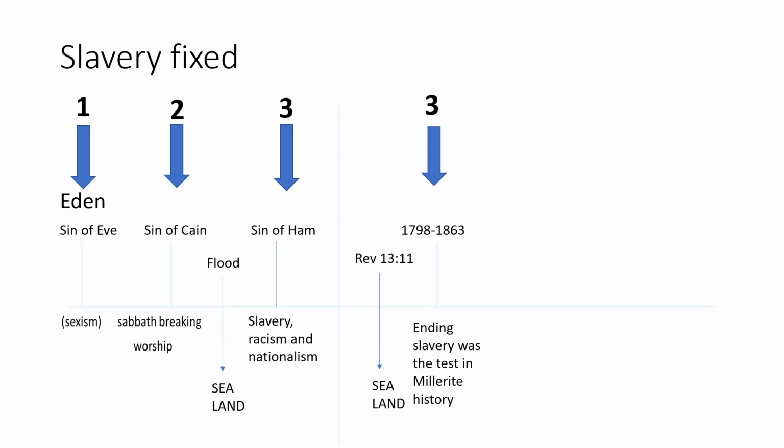Not on the commentary, just on the structure. You have the sea and land before slavery, and the sea and land before the sin of Ham. From what you explained to us at the beginning, doesn't it have to be a mirror? Should it not be a mirror?